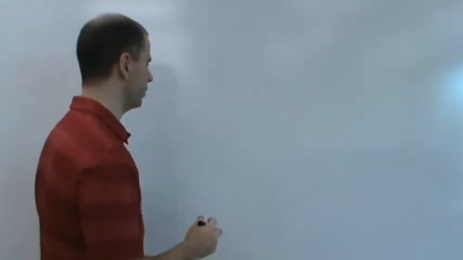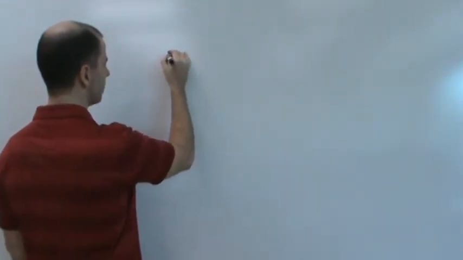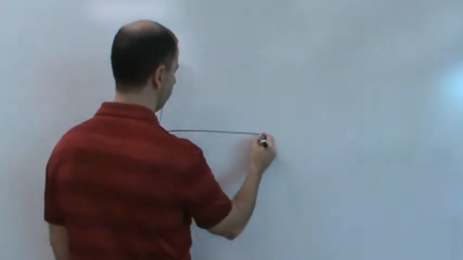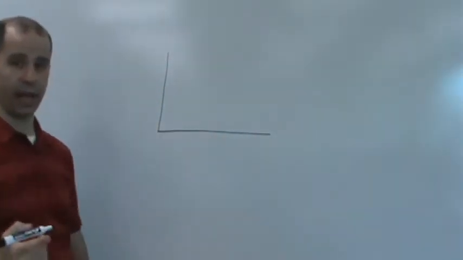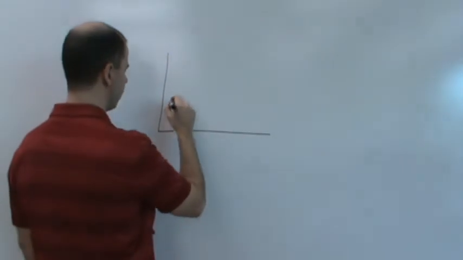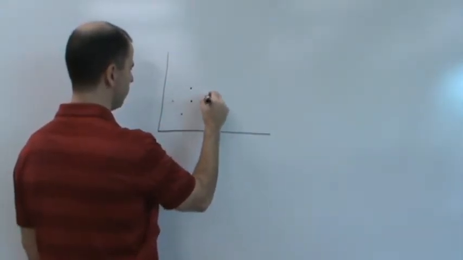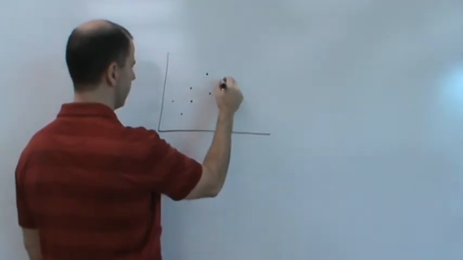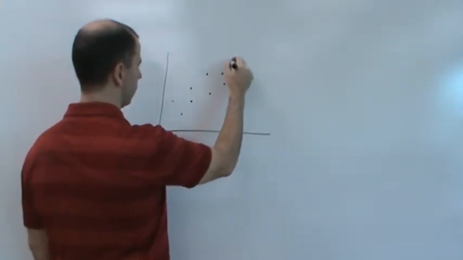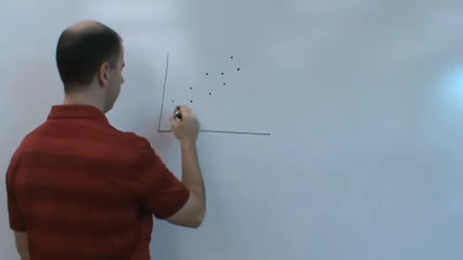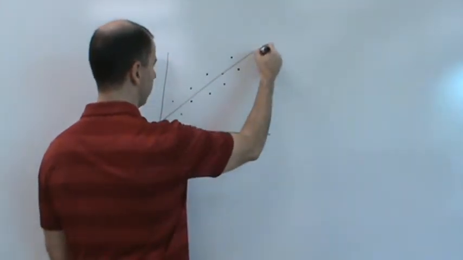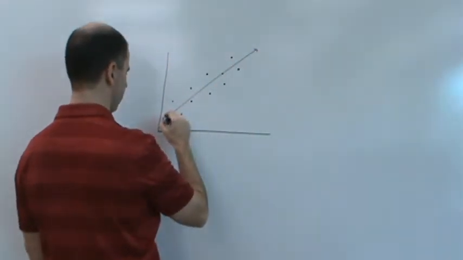And the least squares regression line works like this. I'm going to draw a picture so that it helps you understand what we're doing. Let's say we have a data set. I'm going to make a really simple scatter plot, and let's say this is the line.